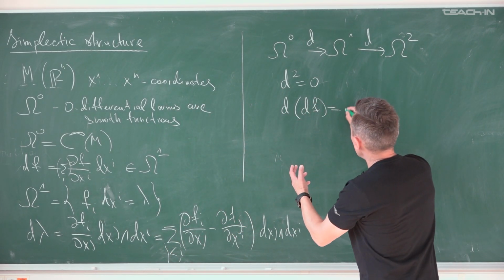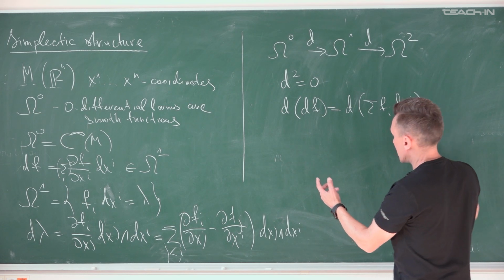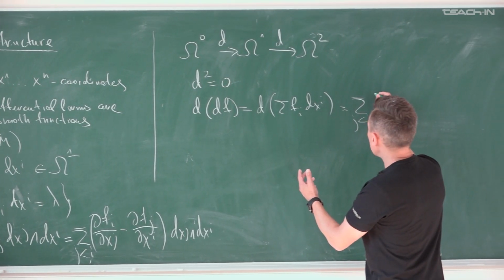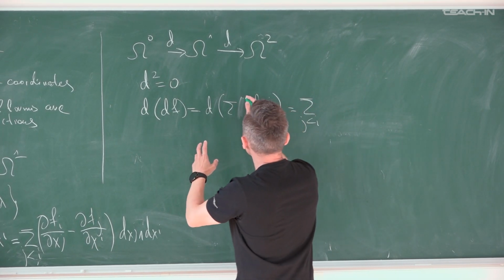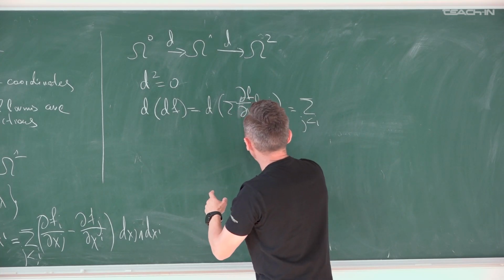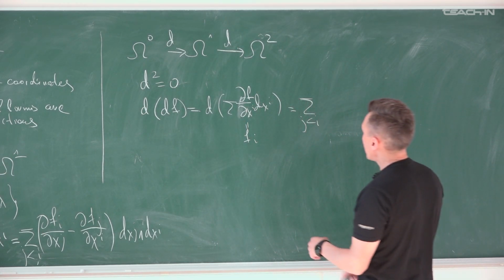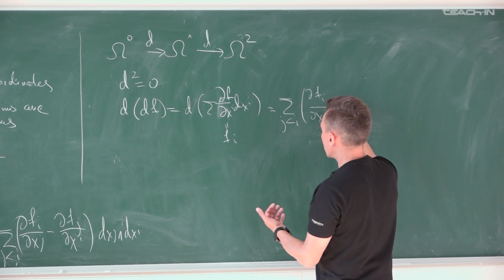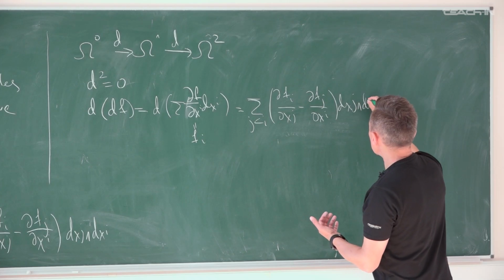It is the differential of the sum of fi dxi, and it is the sum over j less than i of dfi over dxj minus dfj over dxi, dxj dxi.